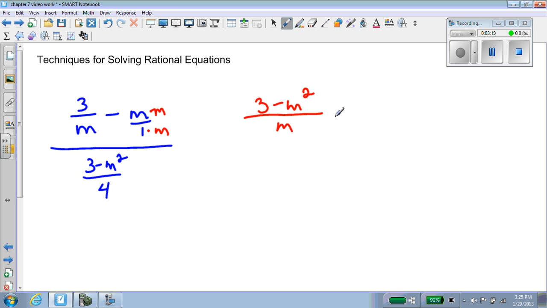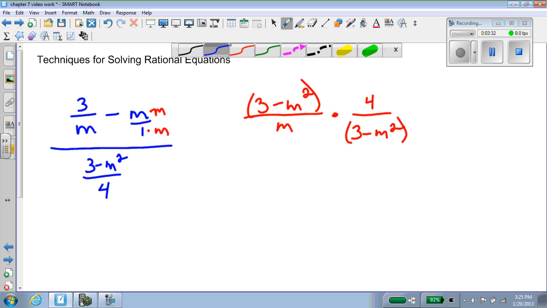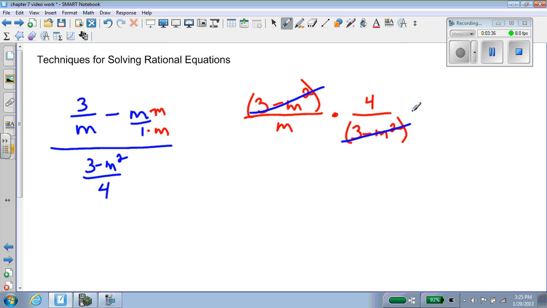Divided by, so multiplied by 4 over 3 minus m squared. Okay, this is a binomial, and this is a binomial. And you might say, well, you didn't do any factoring, but they're identical, so I'm just going to cancel them and say that my final answer is 4 over m.